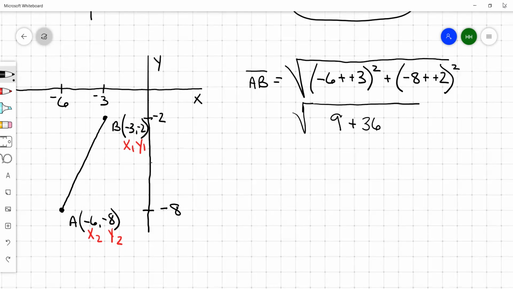And the square root of 9 plus 36, that's the square root of 45. And the square root of 45 is 6.71. All right, so AB is equal to 6.71. That is the length of segment AB.